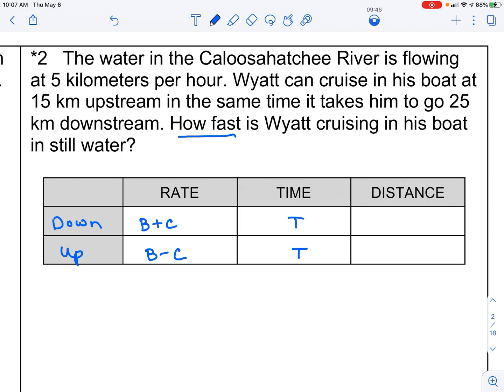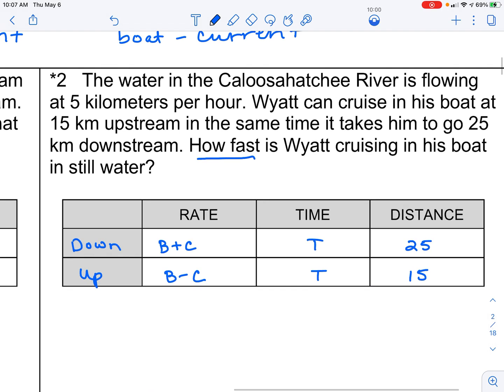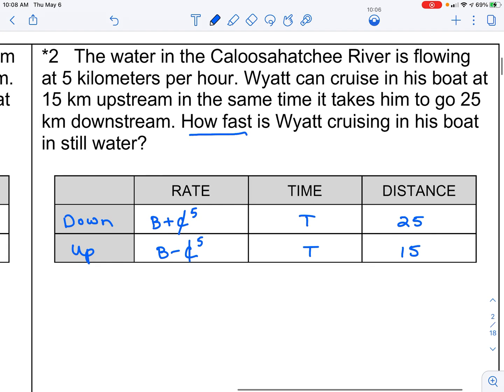He goes 25 kilometers downstream and 15 upstream. So you take your parts out of there and plug it in. The water in the Caloosahatchee River is flowing at 5 kilometers per hour, so we do know the current. The current is 5, so we're going to put 5 in for our current. And we're going to solve for our time.